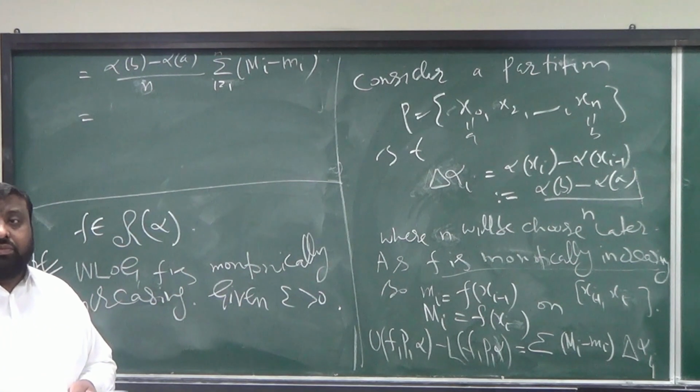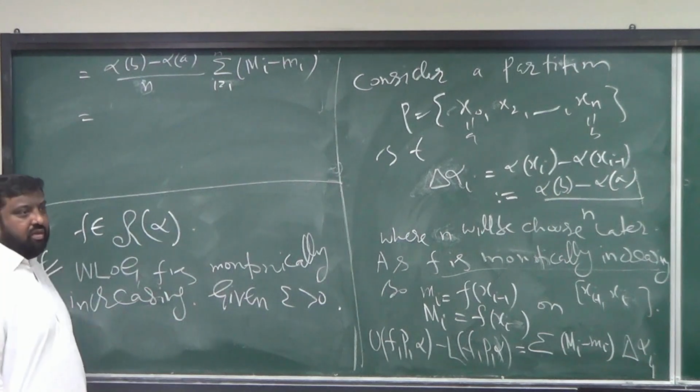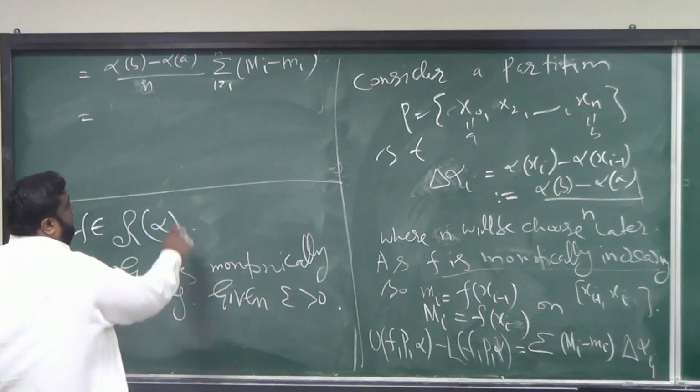It's going to be f of b minus f of a. Just think about it. Why would this be the case? Telescopic sum. It's not by definition, but just think about it.